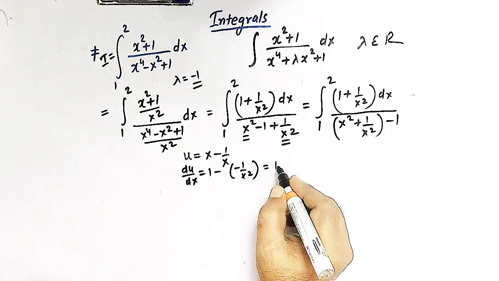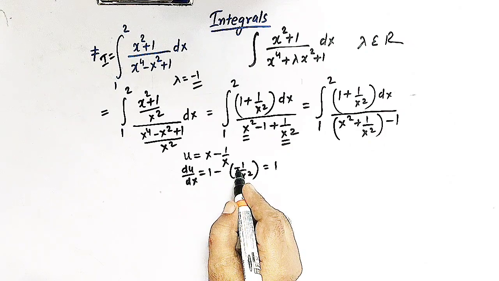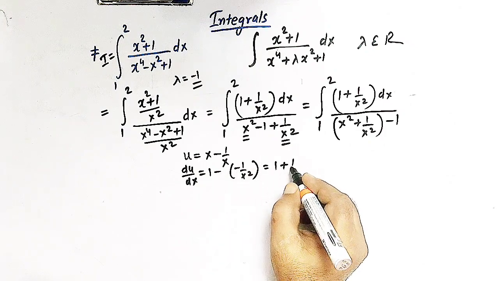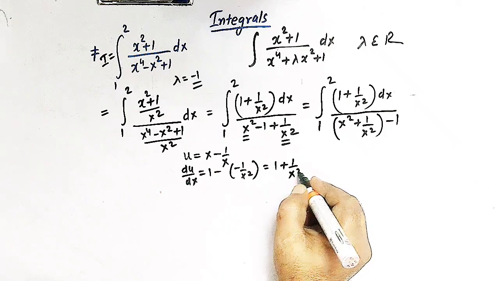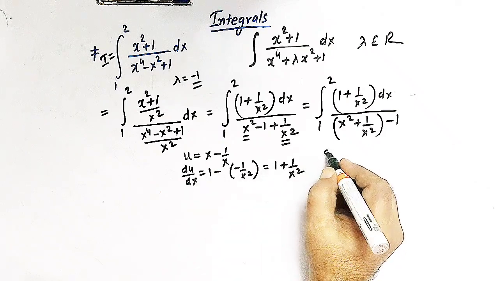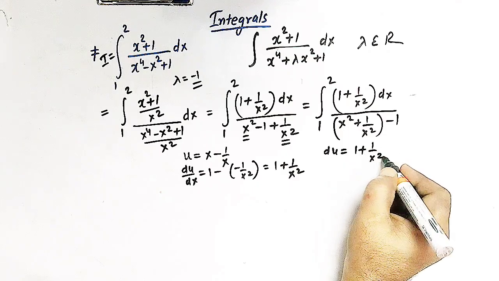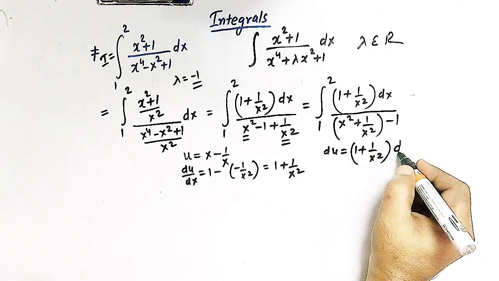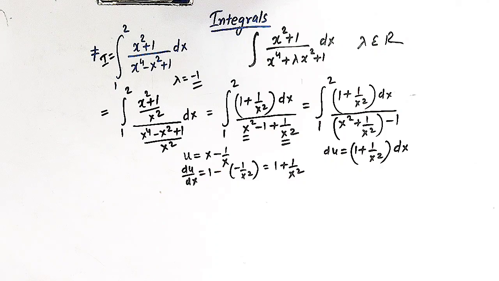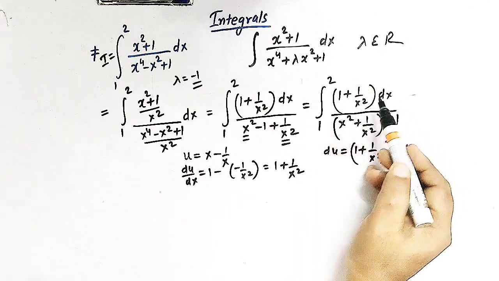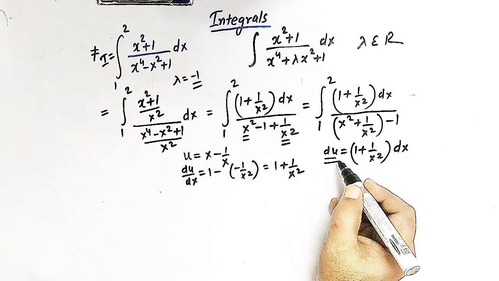So we have 1, and this minus multiplied together becomes positive, then we have 1 over x square. So now we can write du is equal to (1 plus 1 over x square) dx, right? So now we can easily replace the numerator by du.